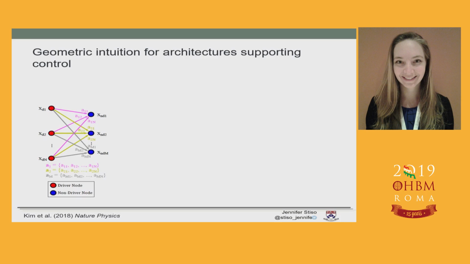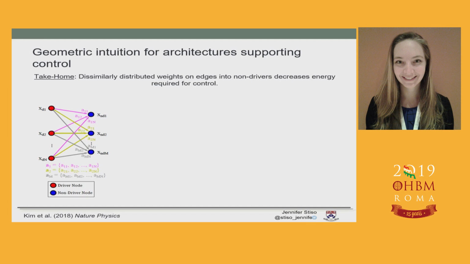And you can gain an analytical understanding of how easy it is to control this network based only on the directed connections between the red and blue nodes. So you can simplify it a little bit in this specific setup. And the take-home is that the dissimilarly distributed edge weights in this simplified network decreases the energy required for control.